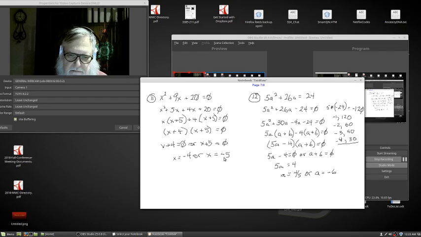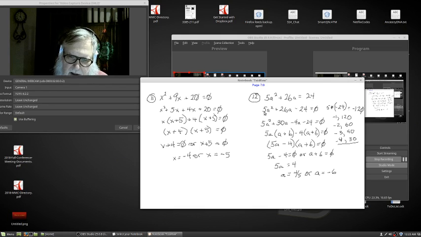Okay. And then moving on to the last equation that we're solving. Well, we don't need to multiply this out. We just need to bring the 24 over to the other side. And we would have then 5a squared plus 26a minus 24 is equal to 0.